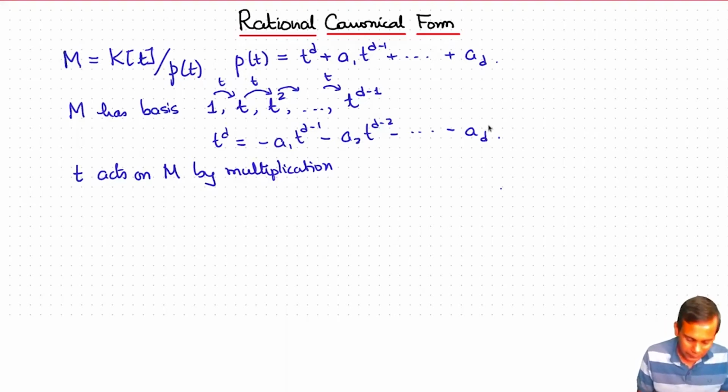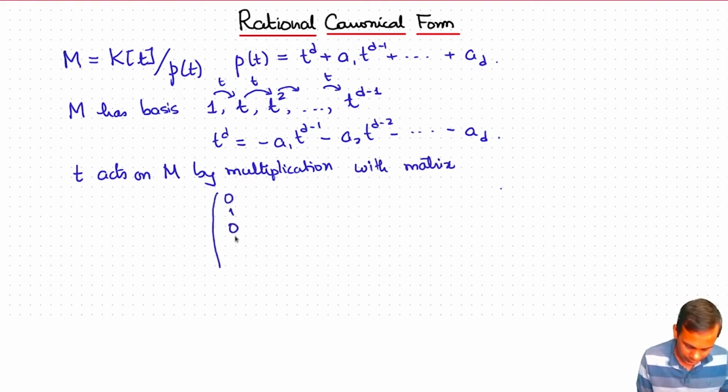So the matrix of this action of T is given by 0, 1, 0, 0. This is just saying that the first basis vector goes to the second basis vector. Saying that the second basis vector goes to the third basis vector is this, and so on.